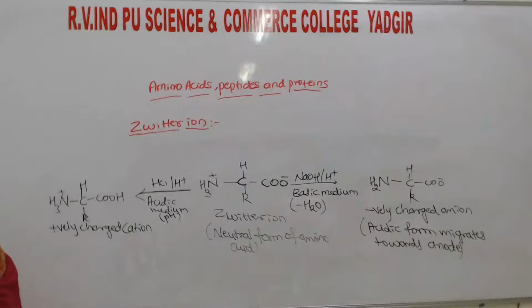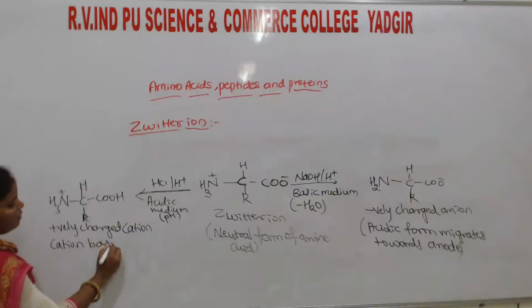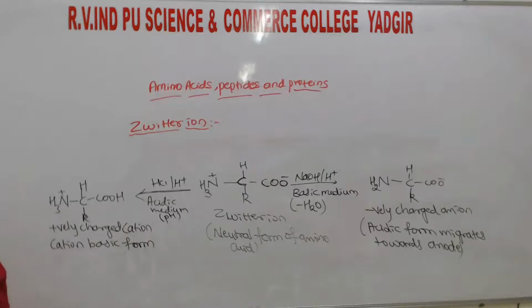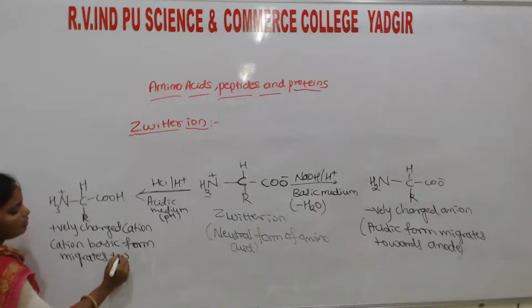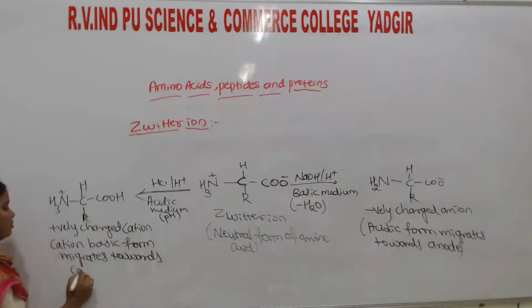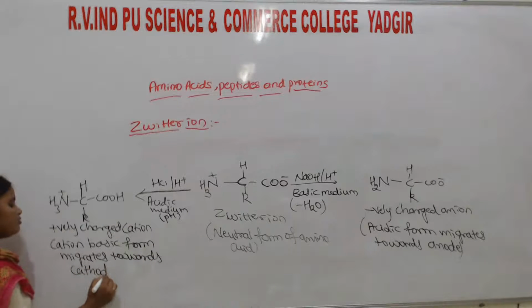Here the cation, the basic form, migrates towards the cathode.